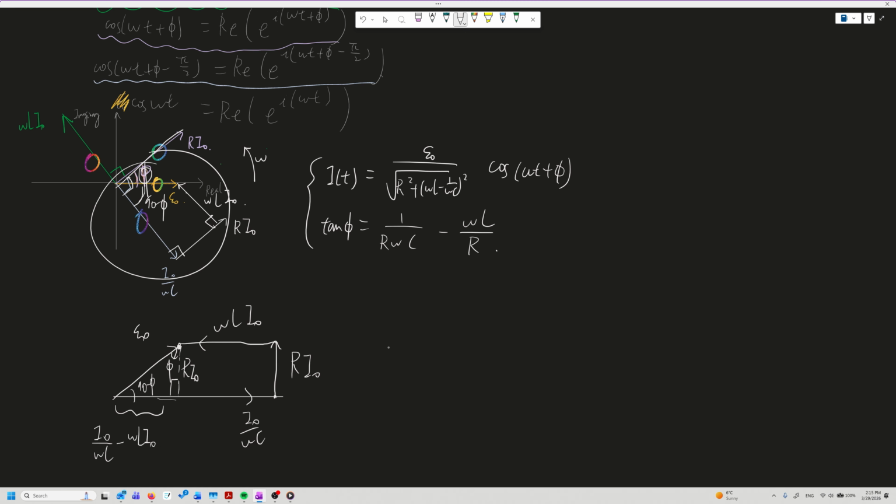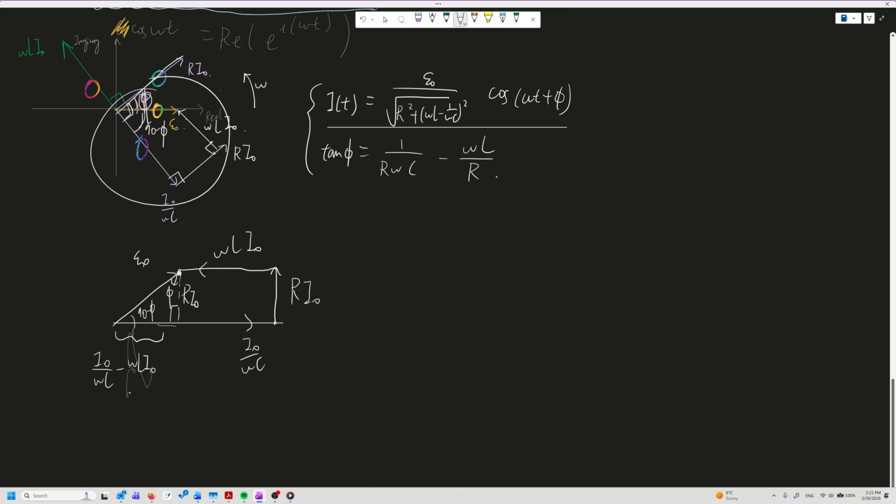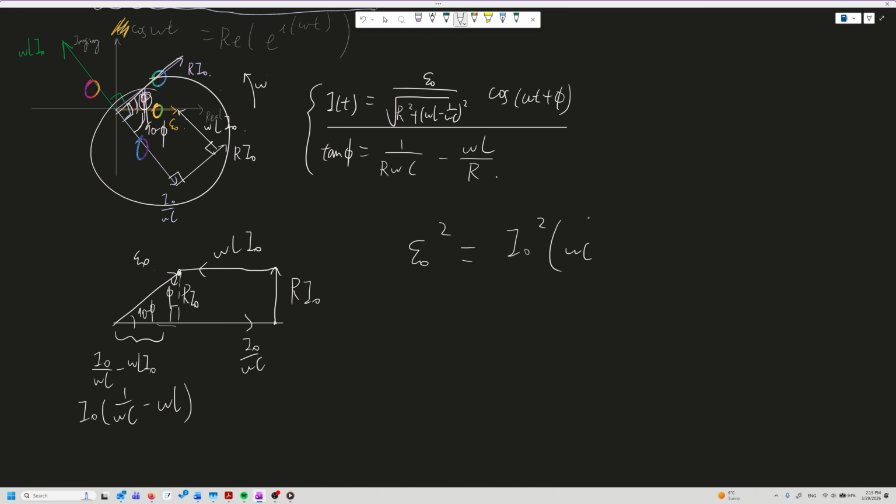Okay, so now we have all the things that we need to use the Pythagorean theorem and some trig. So let's first try Pythagorean to get an expression for this first. So first I would like to get a common factor out. So we have i0 times (1 over omega C minus omega L), and that is this length of the right triangle. And so now we have epsilon 0 squared equals i0 squared (1 over omega C minus omega L) squared plus R squared i0 squared.